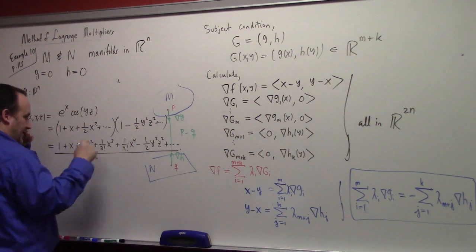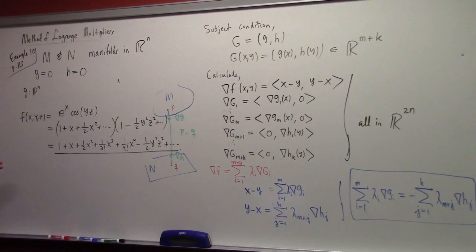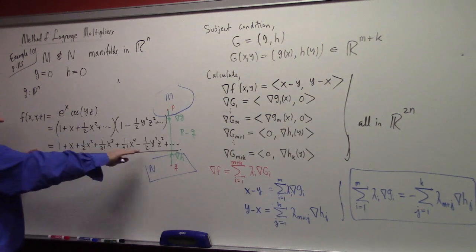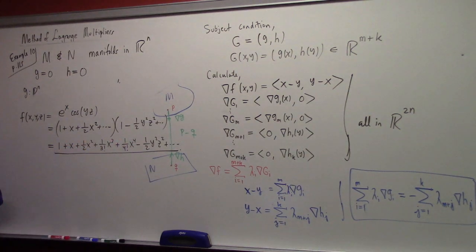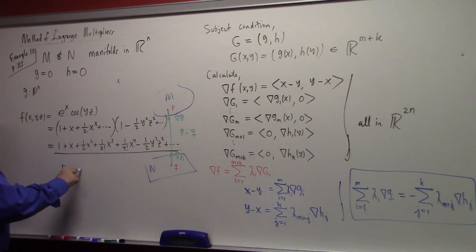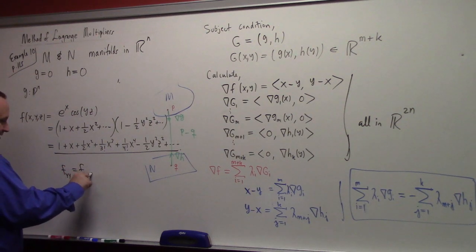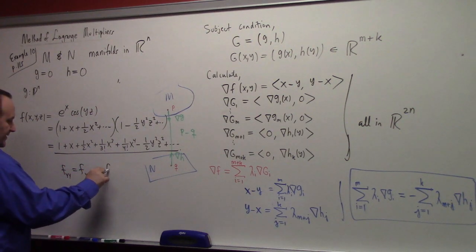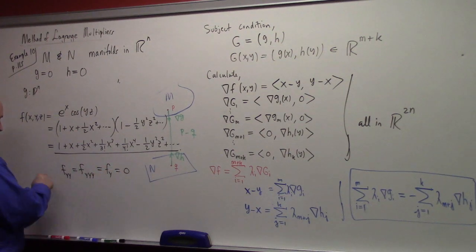And from this, once you understand the multivariate Taylor's theorem, I can read off all kinds of partial derivatives for you. For example, just on inspection here, I can tell you that f_yy equals f_yyyy equals f_y equals 0 at (0, 0).